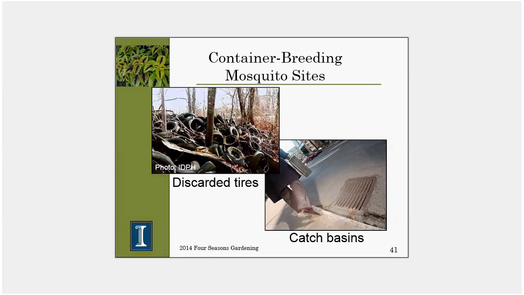A lot of communities have programs in which they hire people to go around and throw Bacillus thuringiensis israeliensis briquettes or the Altosid briquettes, which are essentially hormone analogs that mess up the mosquitoes, into catch basins. They hire a lot of college kids and so on. Many of them will run around on bicycle and just drop them into the catch basins to control northern house mosquito in these locations. That's a way of reducing the problem.